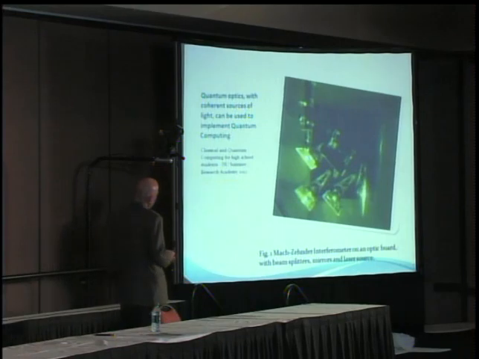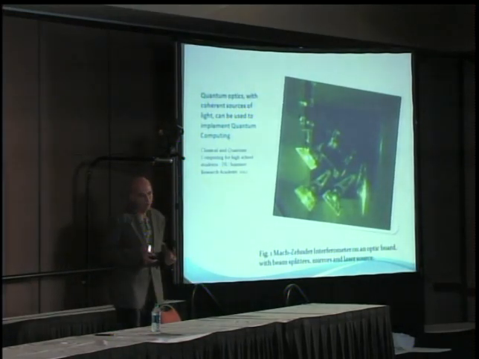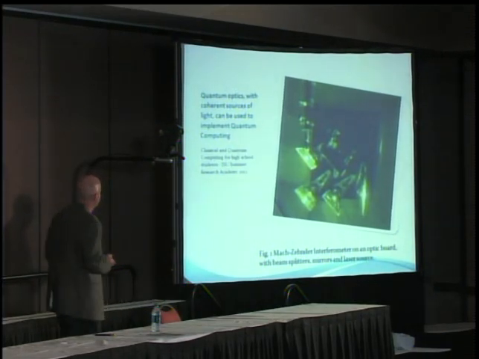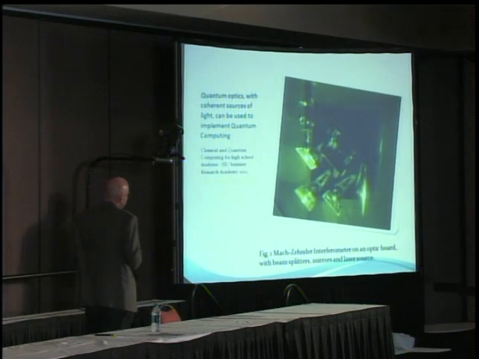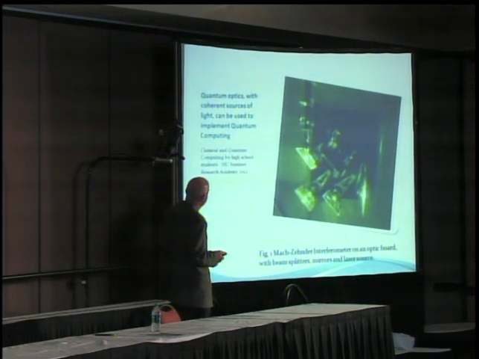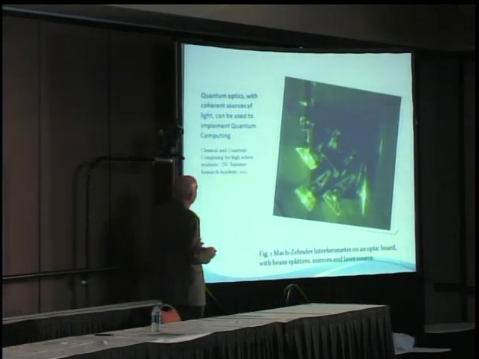So quantum optics is done with coherent sources of light. So a light bulb is not good for quantum optics. A laser produces what's called coherent light, so there's a correlation between the phases of the various photons emitted. Then interference or resonance is possible.